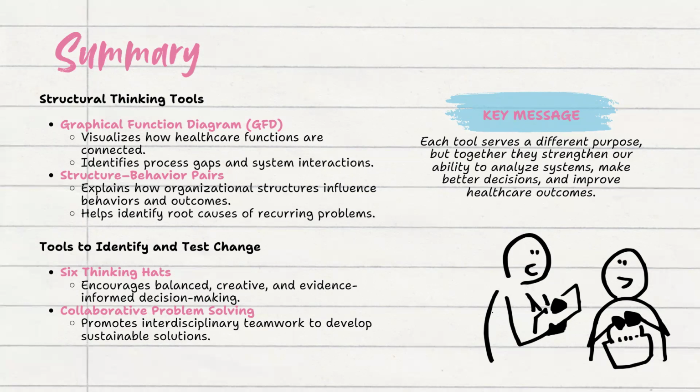Graphical function diagrams help us see those interactions, while structure behavior pairs help us understand why patterns continue. The six thinking hats help us think more effectively, while collaborative problem solving helps us implement sustainable solutions. These tools remind us that improving healthcare begins by improving the system.